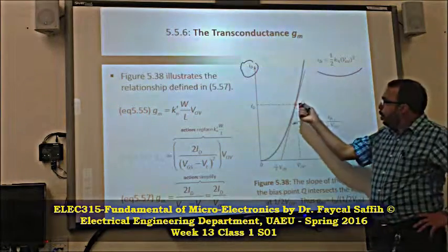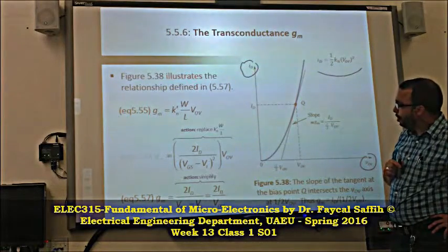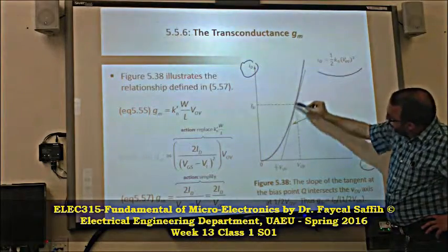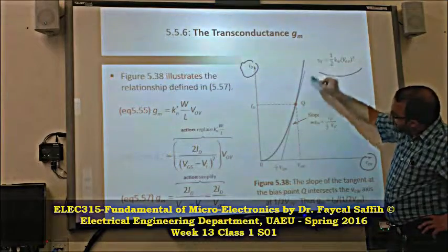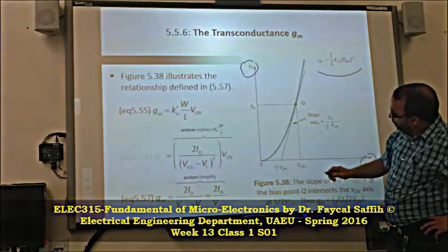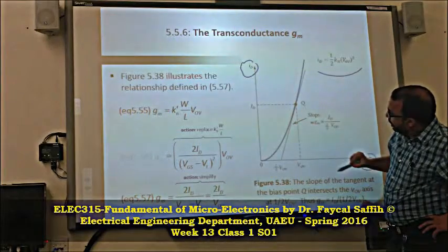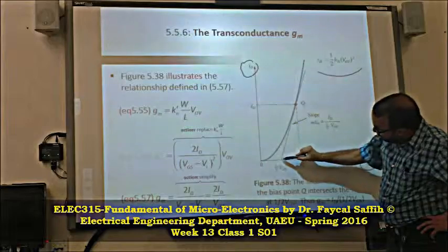Number two, the slope of this point is equal to the slope of this line. And the slope of this line is ID divided by this distance.